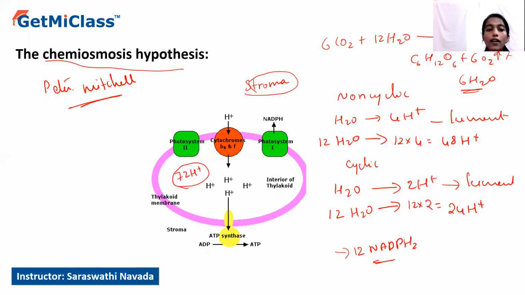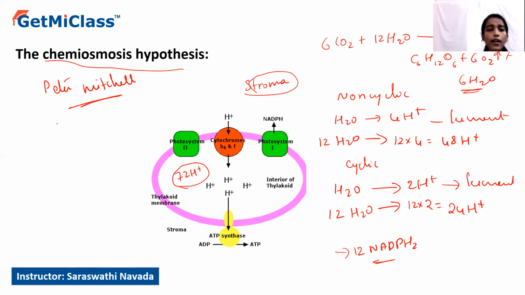According to Peter Mitchell, osmosis is the movement of solvent molecules from a region of higher to lower concentration, whereas chemiosmosis refers to movement of protons or hydrogen ions from a region of higher to lower concentration through the thylakoid membrane. This thylakoid membrane is also selectively permeable. That is called chemiosmosis.